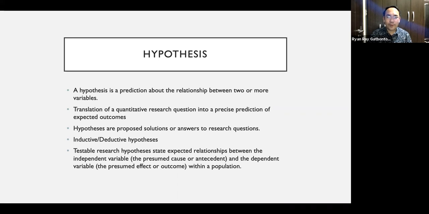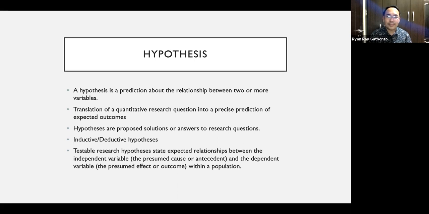When you formulate your hypothesis, it's actually a translation of your quantitative research question into a precise prediction of your expected outcomes. It's like you're proposing a solution or an answer to your research question.